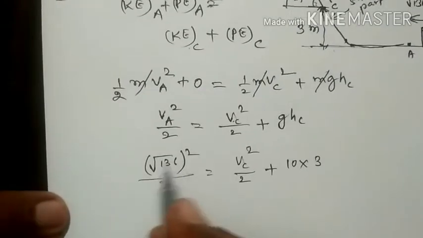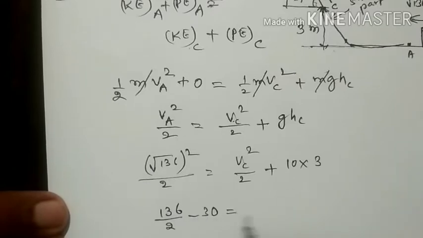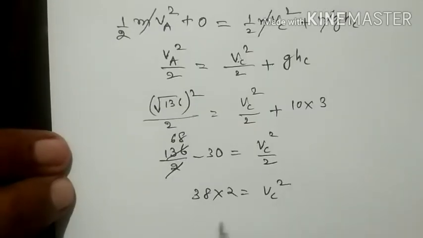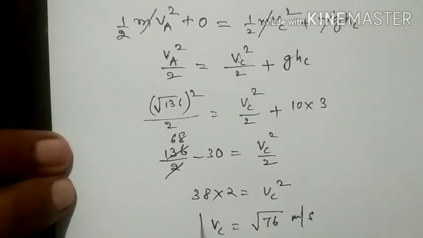So 136 whole square means it is 136 by 2. 136 by 2 minus 30 is equal to velocity at C square by 2. So it is 68 minus 30, 38. 38 multiplied by 2 is equal to velocity at C square. Velocity at C is equal to root of 76 meters per second.